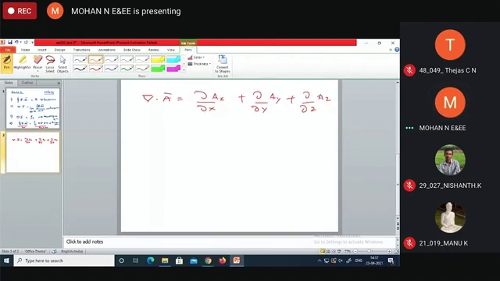Next, we have also seen divergence in different coordinate systems.